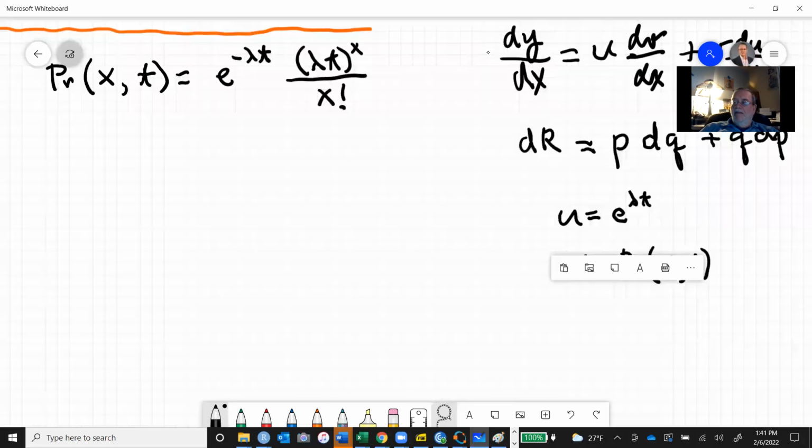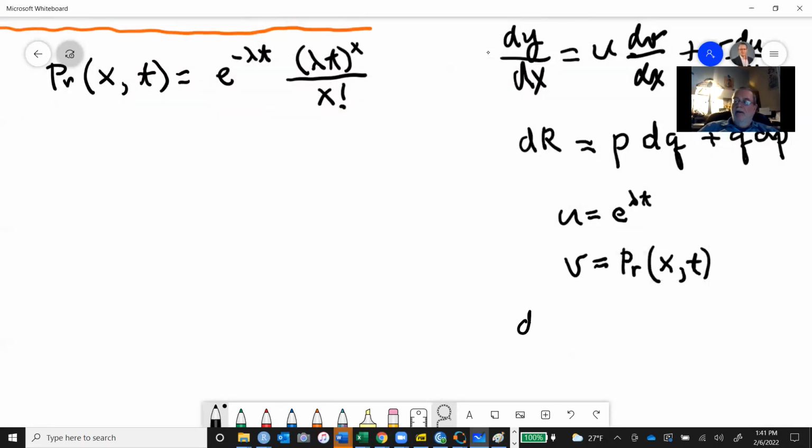So the change in uv equals the change in e to the lambda t times the probability of x at t.